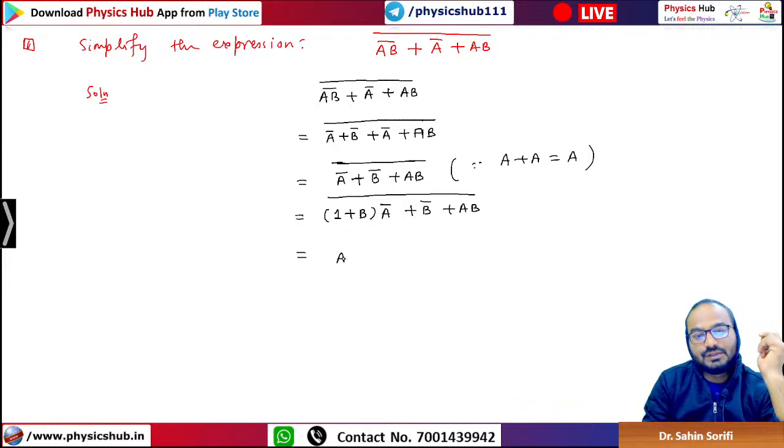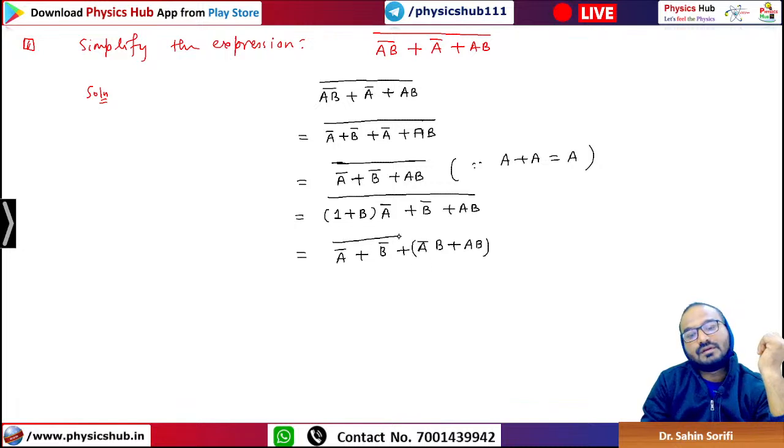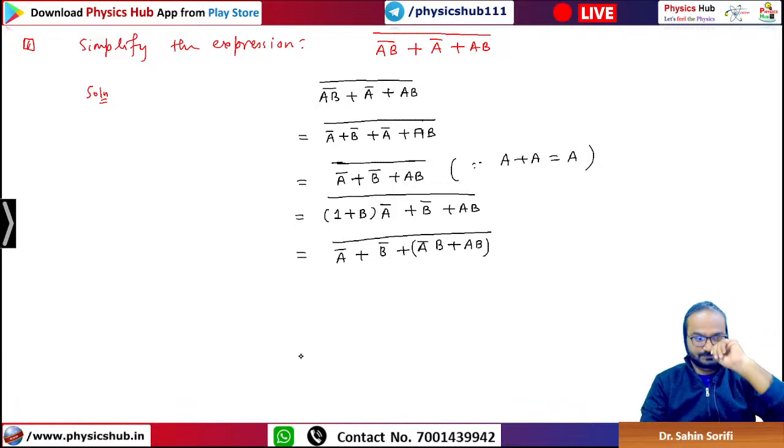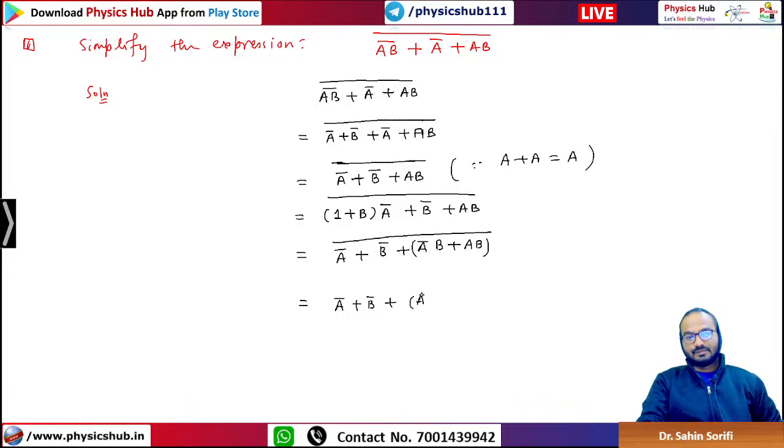So this is equal to A complement plus B complement plus A complement B plus AB. Can you write it? This is equal to A complement plus B complement plus, if you take B common, A complement plus A times B.